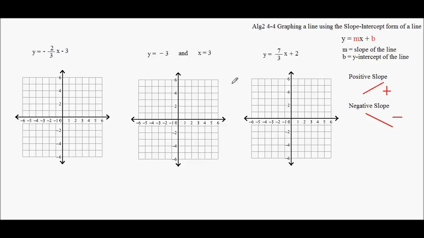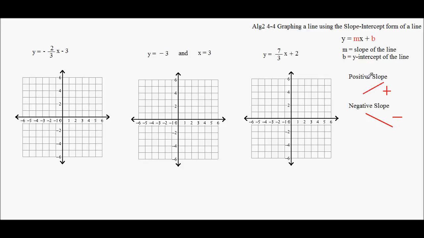Then the slope is rise over run. This is the coefficient of the x variable, the number in front of the x. And then we have to remember what we call positive slope and negative slope. If you have a negative in front of the x, it's a negative slope. It's going downhill.